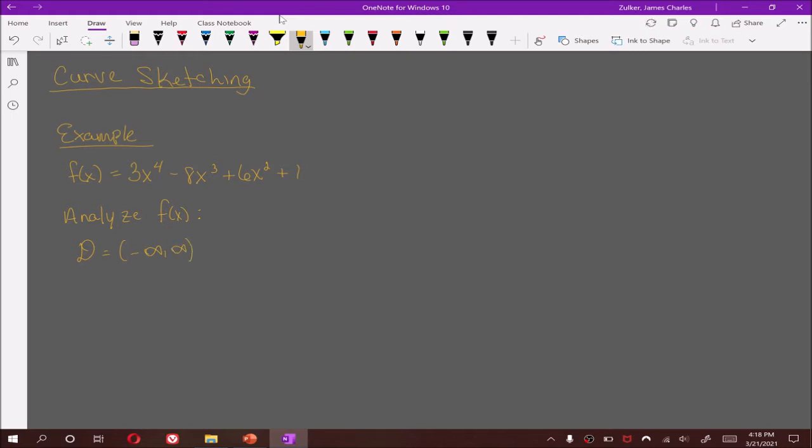Now let's determine any intercepts. Y-intercept can be found by replacing x with 0. X-intercept is found by setting f of x equal to 0 and solving for x.